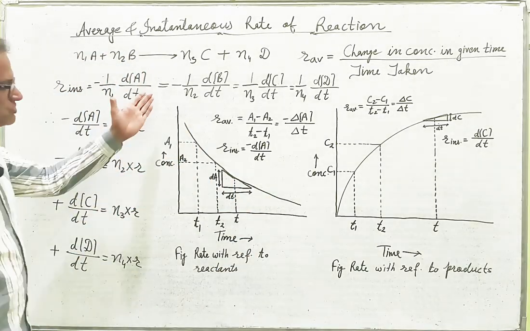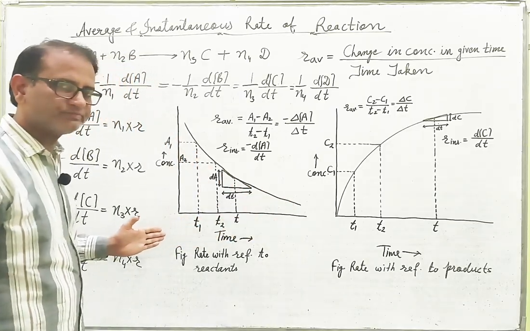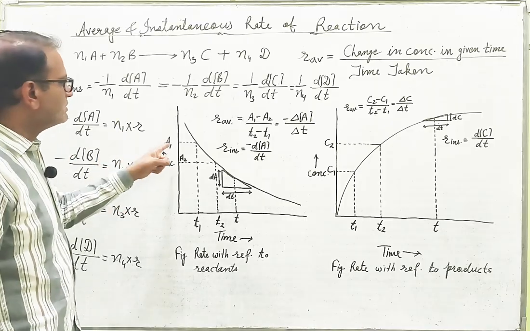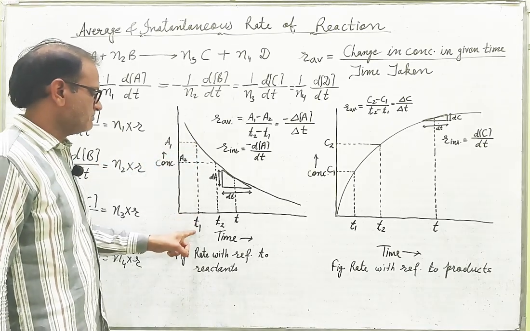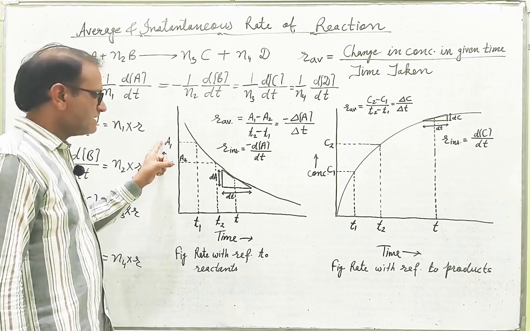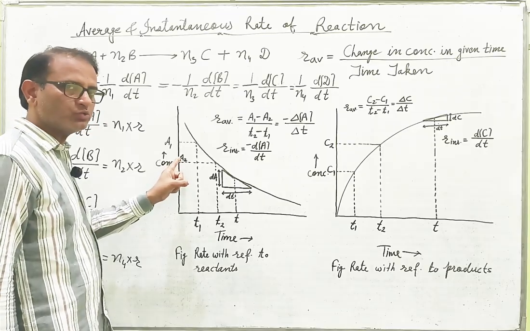This graph is showing that concentration of A is decreasing with time. Suppose the concentration of A is A1 at time t1, then at time t2 it will decrease to A2.